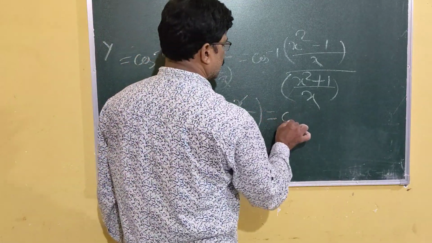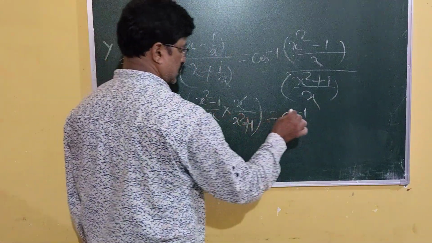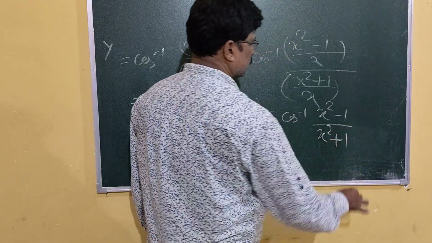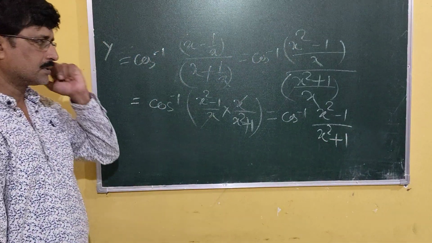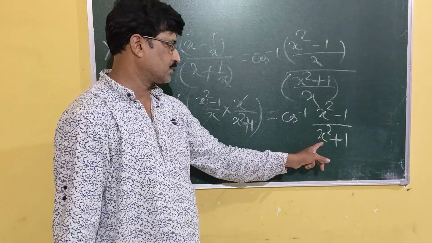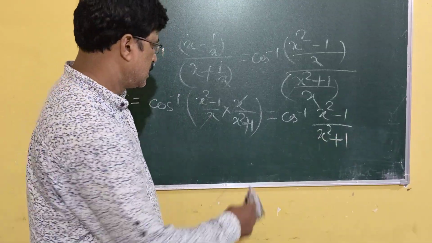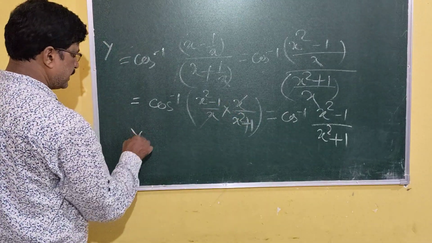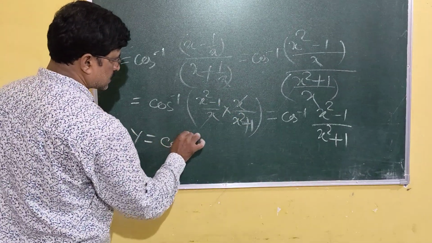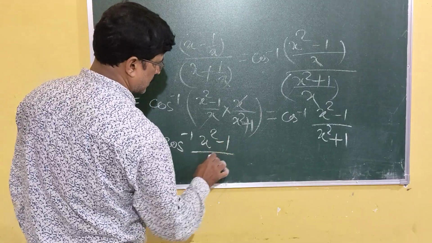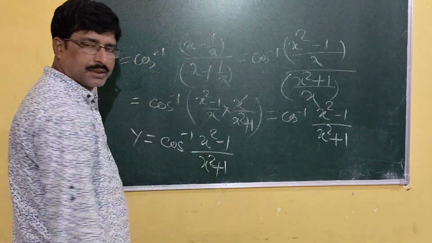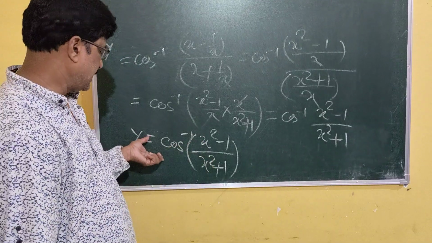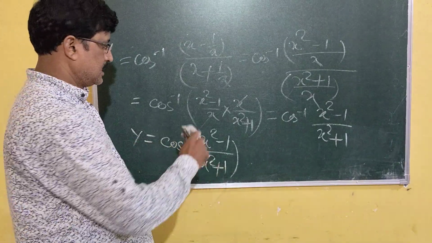It becomes cos inverse of (x square minus 1) by (x square plus 1). Now we can take this as u.